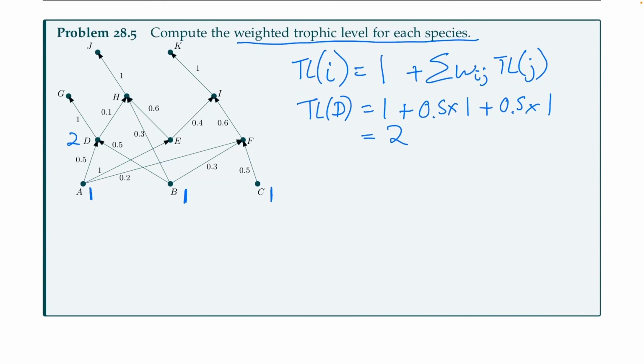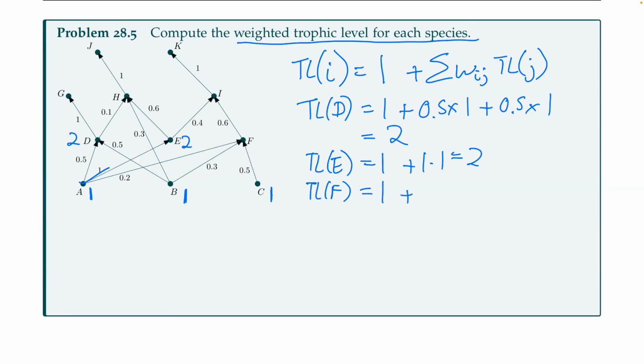Okay, let's work through these together. So the trophic level of E, it's going to be 1 plus, it only has one thing it's eating, which is A. It's 1 plus 1 times 1. So this is going to be 2. Trophic level of F. F eats 3 things.